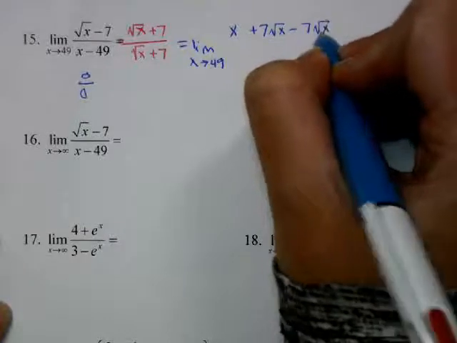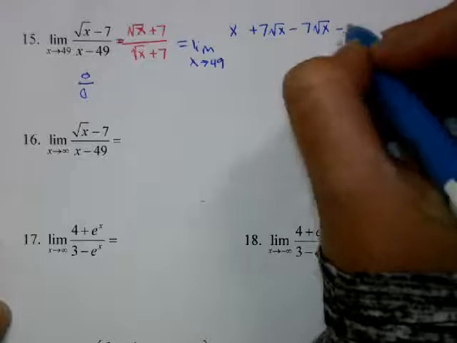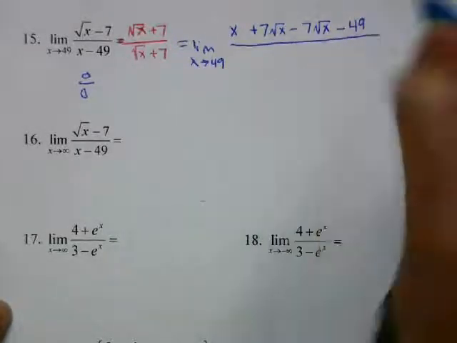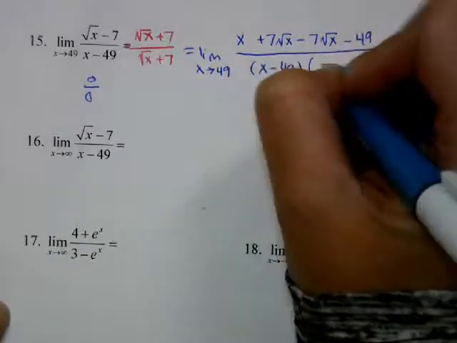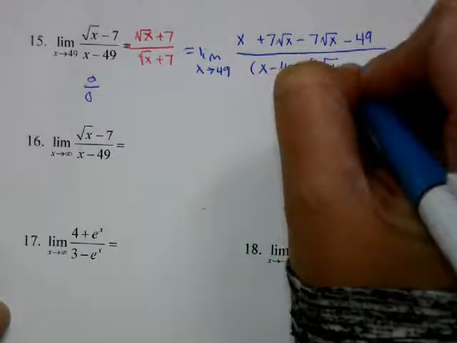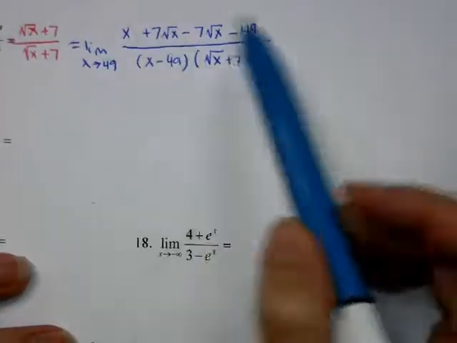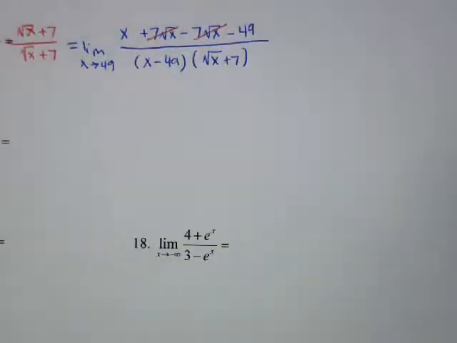And then negative 7 times positive 7 is a negative 49. On the bottom, I just have x minus 49 and root x plus 7. We're going to leave it like that. Well, this top, these middle two go away, and that's the whole point of the conjugate.